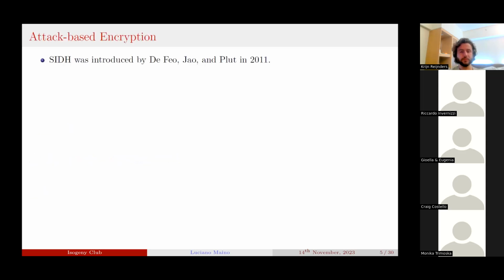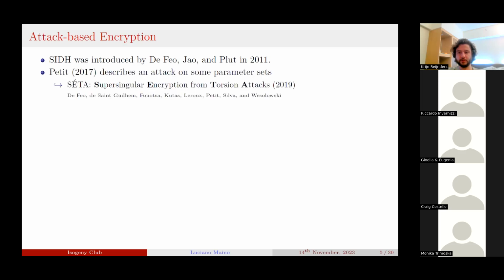So FESTA is a protocol based on the SIDH attacks, and everybody knows about SIDH. SIDH was introduced by De Feo, Jao, and Plût in 2011, and then in 2017, Petit described some attacks on some parameter sets of SIDH. This attack did not affect the security of SIDH at the time, but rather certain parameter sets.